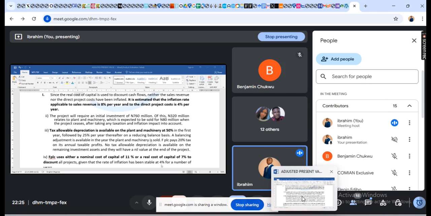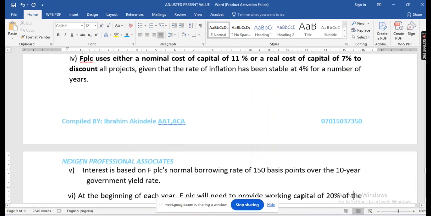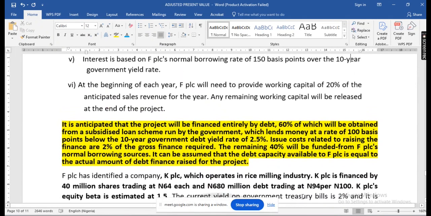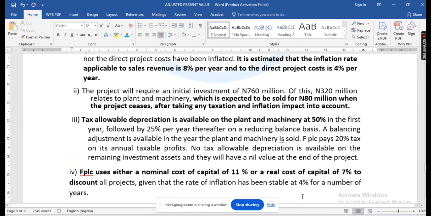Okay. So if that is established, the next thing is, we should deal with the tax savings first. Let's talk about the tax savings. It's step by step, right? We need to do our tax before the working capital, please. Can you see that tax allowable depreciation is available on the plant and machinery?